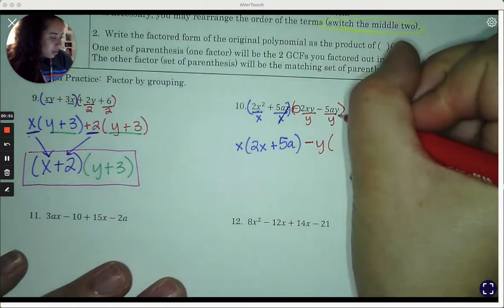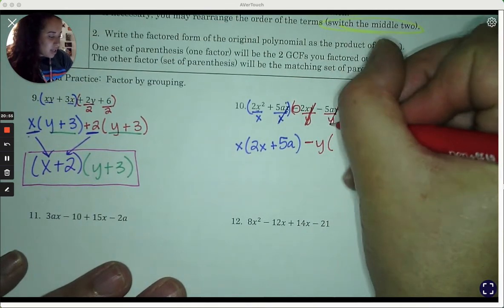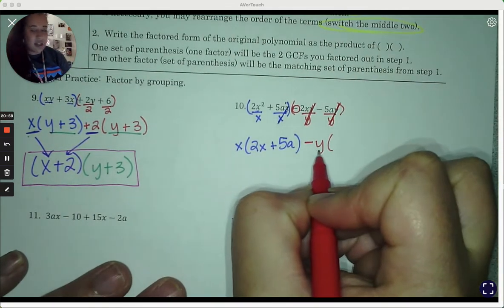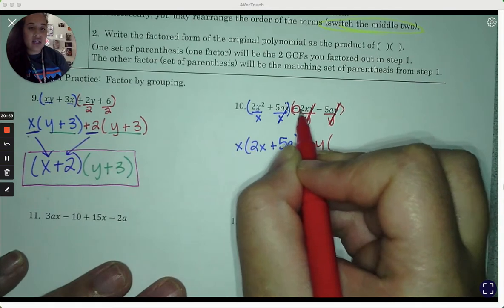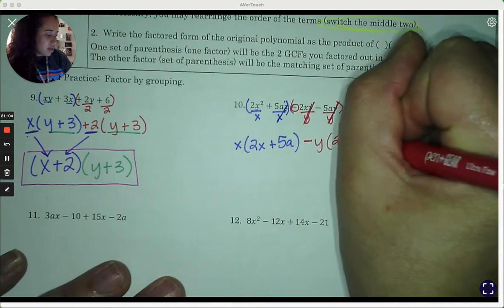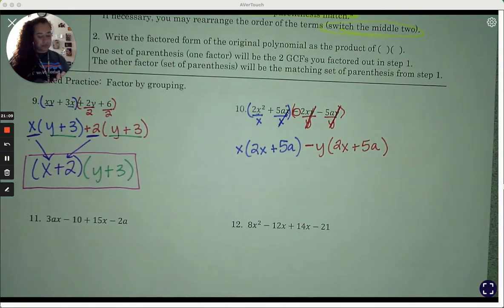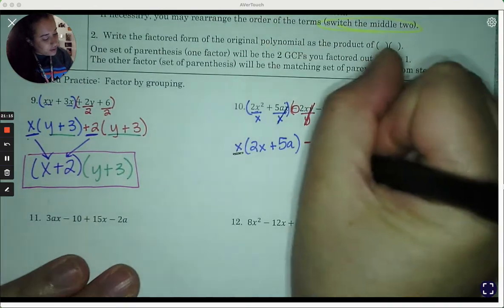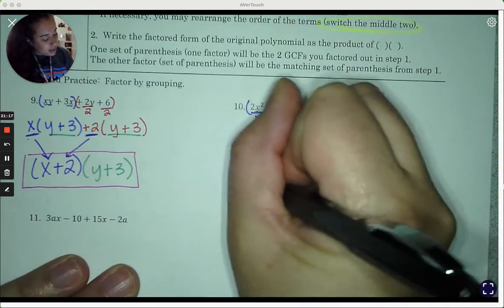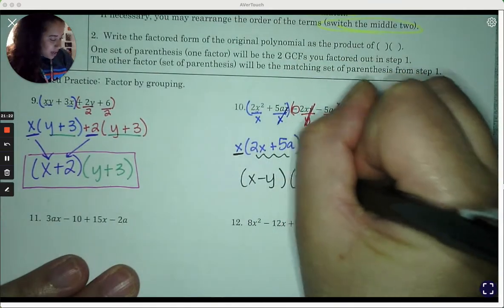When I factor out a y, the y's cancel, but because I'm factoring out a negative y, these signs are going to change. So it becomes a positive 2x plus 5a. So here's my first parenthesis, x minus y, and here's my second one, 2x plus 5a.